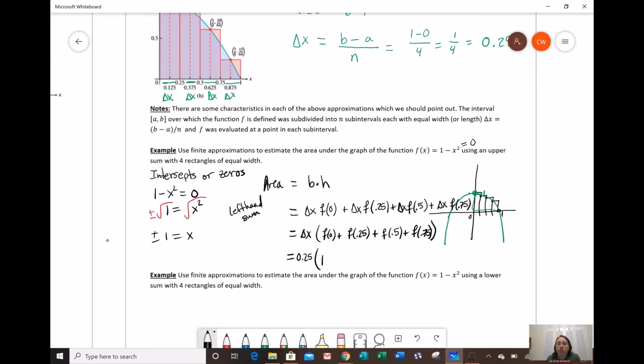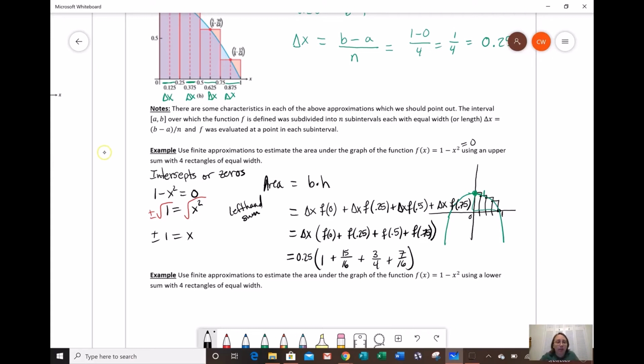If you plug 0.25 in here, you're going to get 1 minus 1/16, so that'd be 15 over 16. If you plug 0.5 in here, that'd be 1 minus 1/4, so that would give you 3/4. And if you plug in 0.75 here, that'd be minus 9 over 16, so 7 over 16.